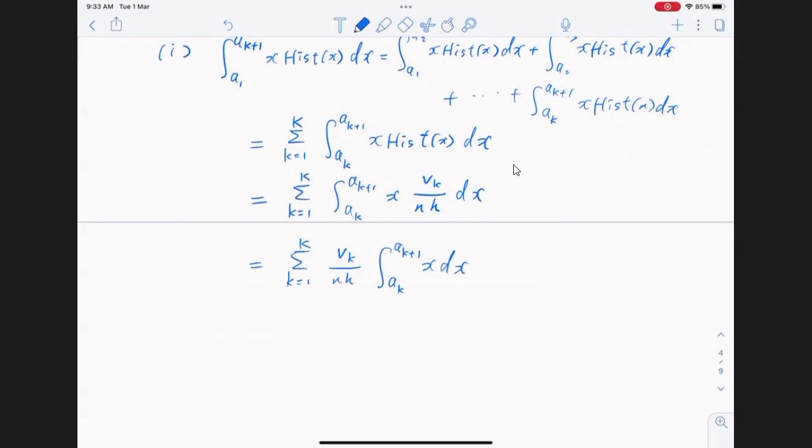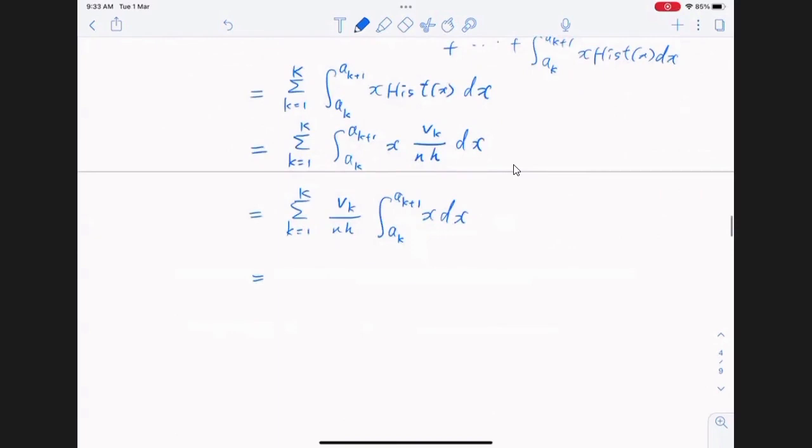To integrate s, it will become s squared over 2, and we evaluate it from ak to ak plus 1.